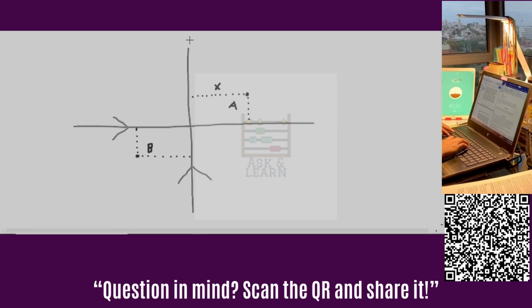I'll call this one the vertical wire, and this is the horizontal wire. So x and y are distances: x from the vertical wire, and the distance y from the horizontal wire H. And we have the same thing on this side. X and y are equal to each other.